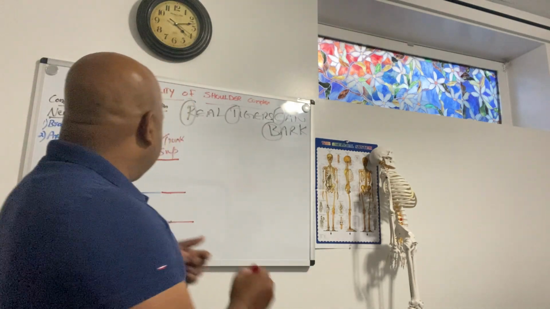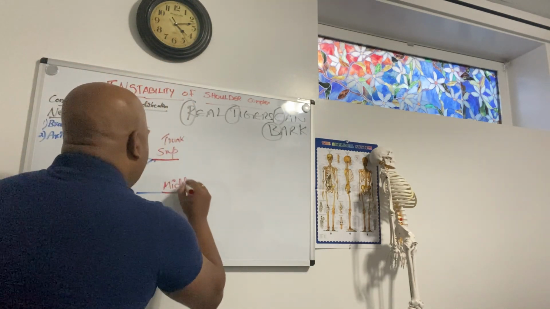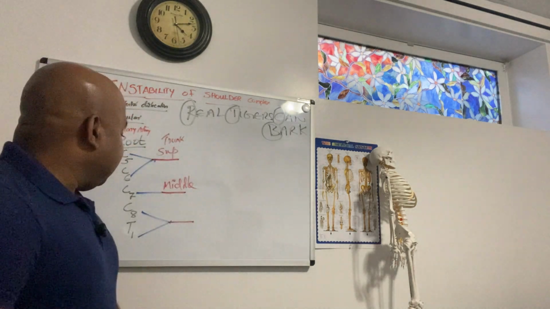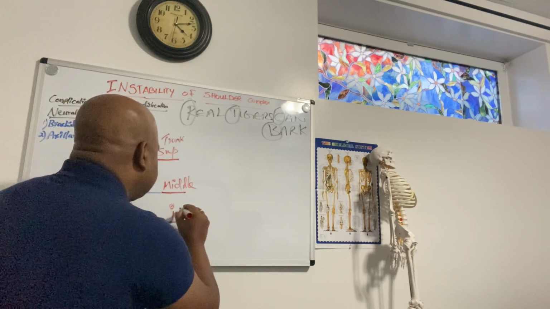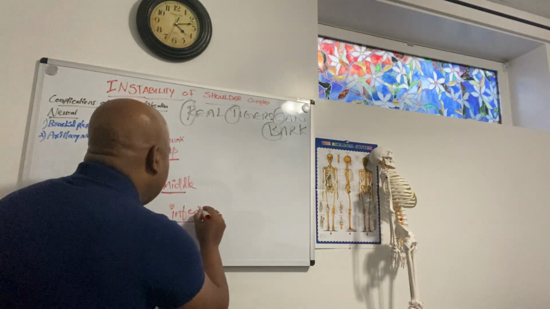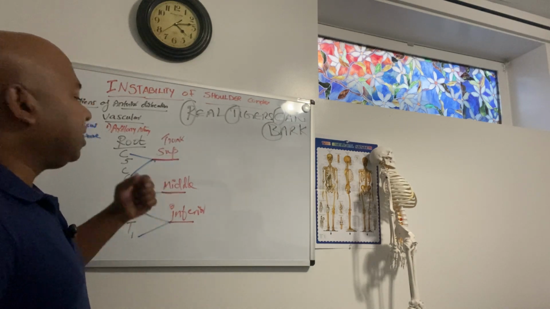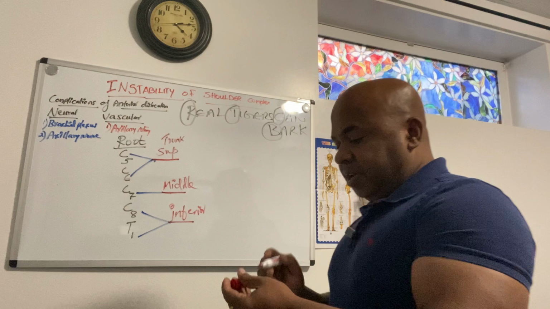The C7 forms the middle trunk, and C8, T1 form the inferior trunk. The superior trunk, the middle trunk, as well as the inferior trunk of the brachial plexus.